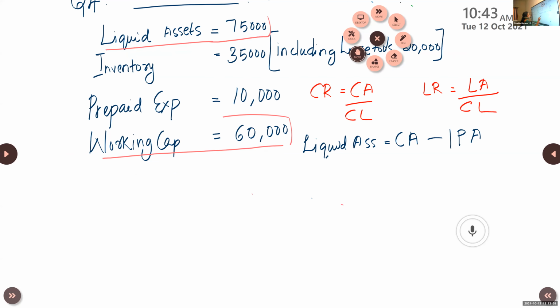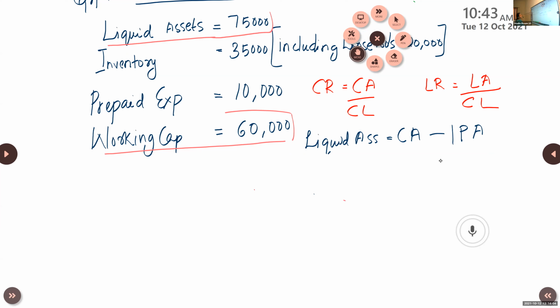75,000 is equal to CA, which is not there, minus I. Do you have I? Yes, I is there. So how much is I? I means the inventory. Is it 35,000?